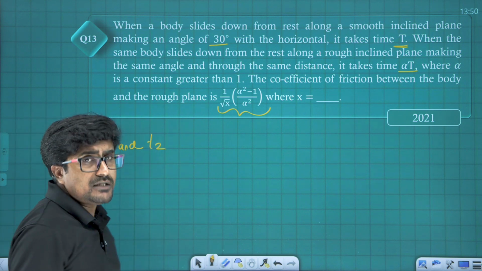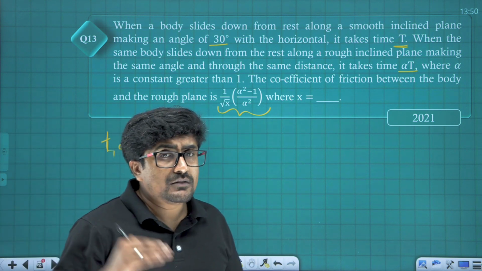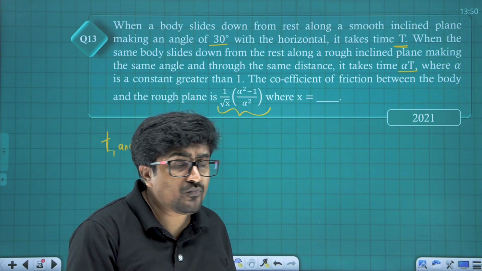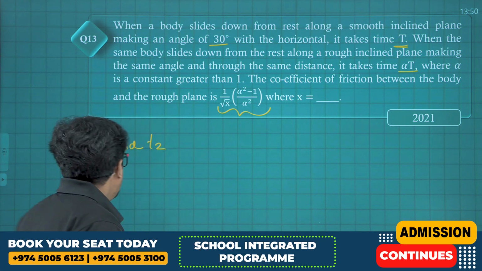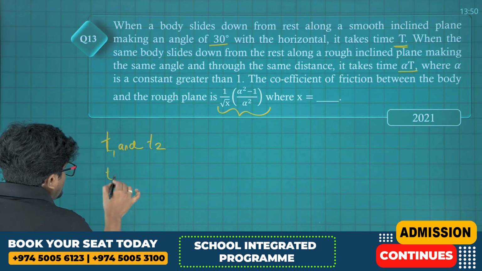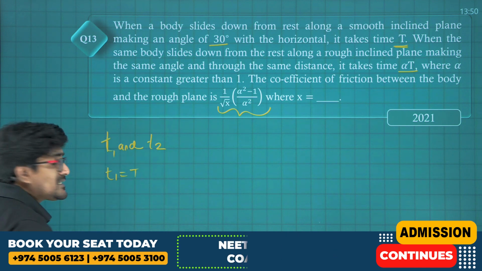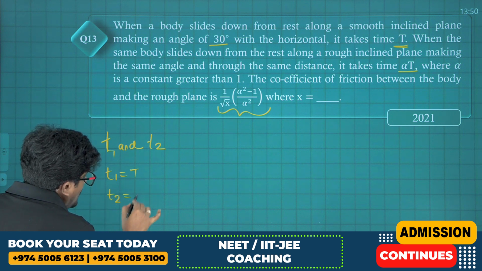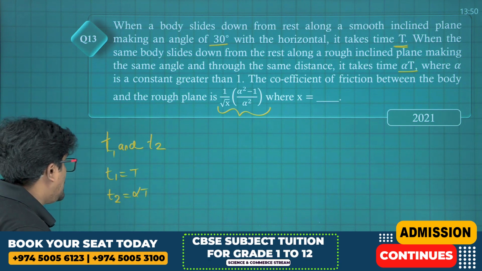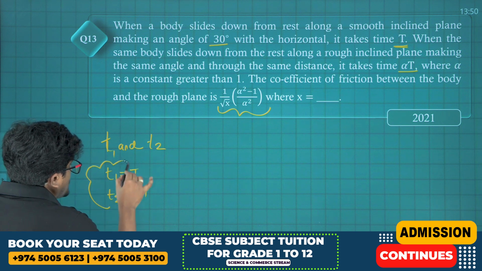T1 is the time when the body was sliding down without any friction, and T2 is the time when there is a friction. T1 is marked as capital T, and T2 is marked as alpha times capital T. So this is the most important part here.